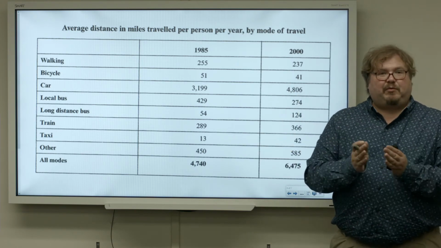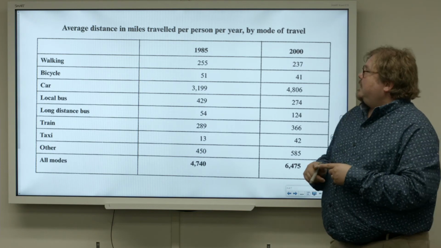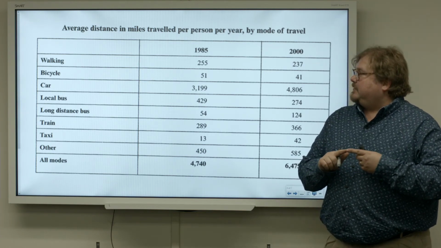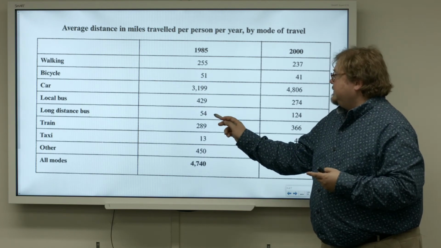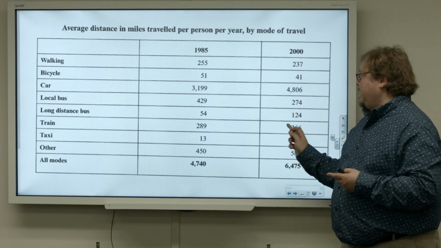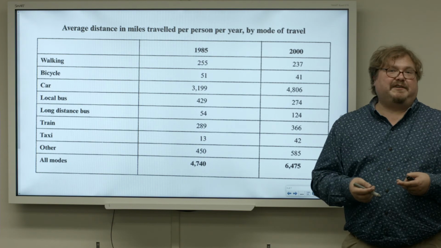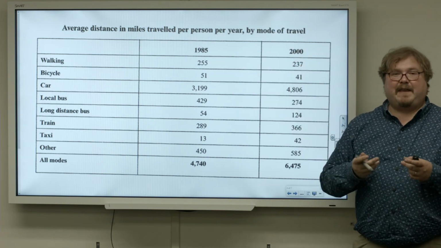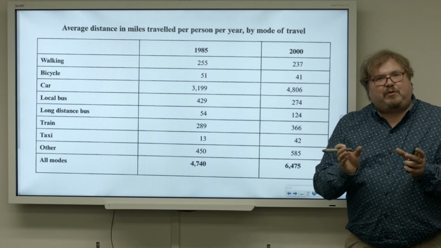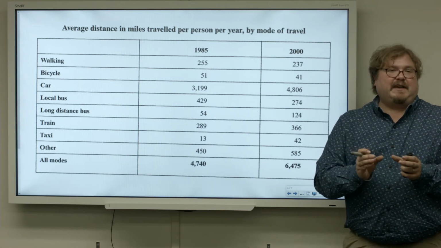So we could possibly put all those together. The miles traveled by car, long distance bus, and train all increased significantly between 1985 and 2000. So practice putting them together in these groups.